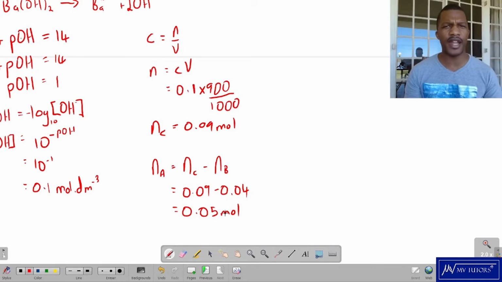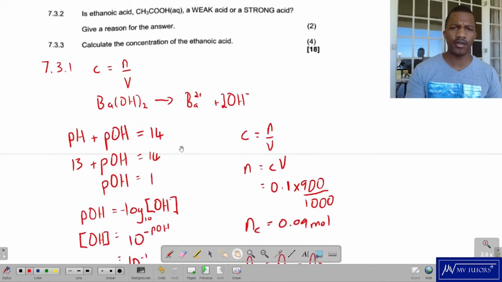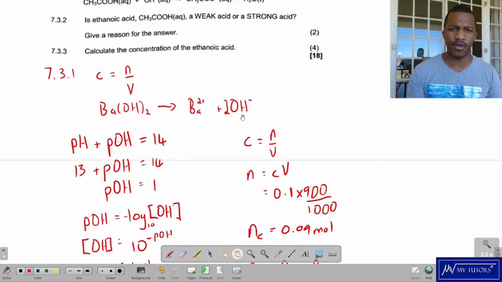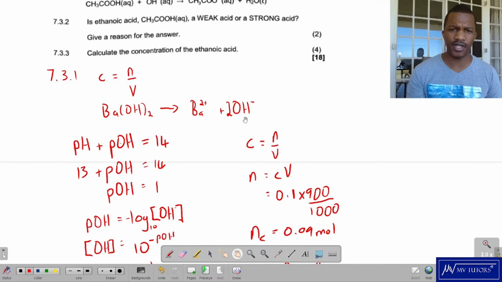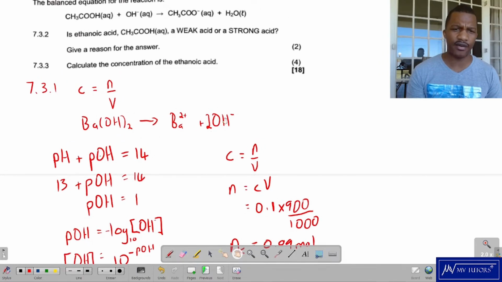Okay, ladies and gentlemen, I need you to understand what these number of moles are for. These number of moles in beaker A are for the hydroxide ions. Okay, so when we come here, we just solved the number of moles of hydroxide ions, and you can see that the ratio is 2:1.